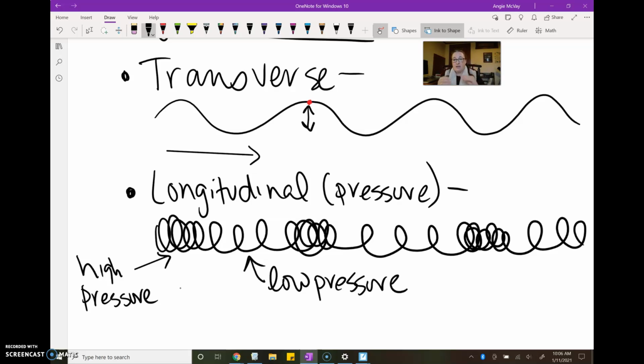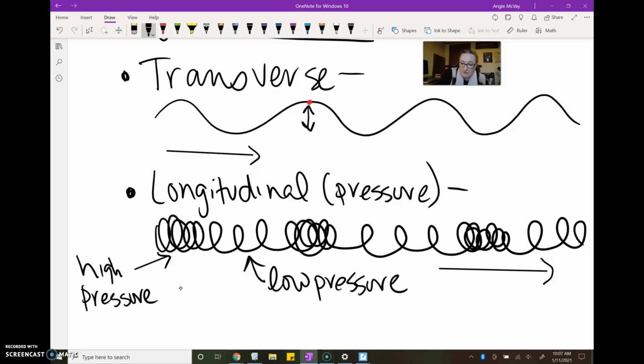If we had a slinky, it would be like pulling back a bunch of coils of the slinky and then releasing them, and you'll see a pulse of high pressure, tightly coiled slinky coils moving up and down the slinky. So if we have a direction of wave propagation, I don't know why that's doing that. Let's unclick that, I think is the problem.